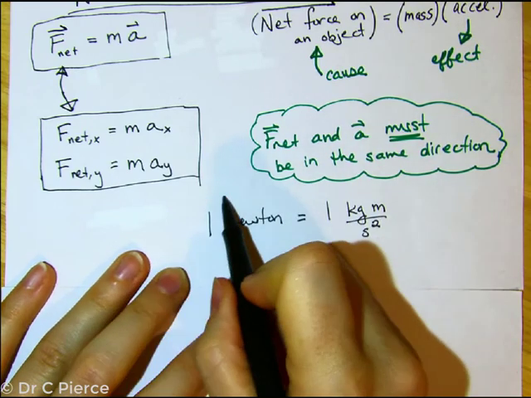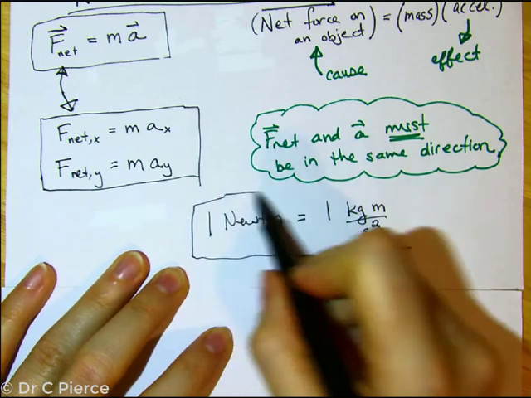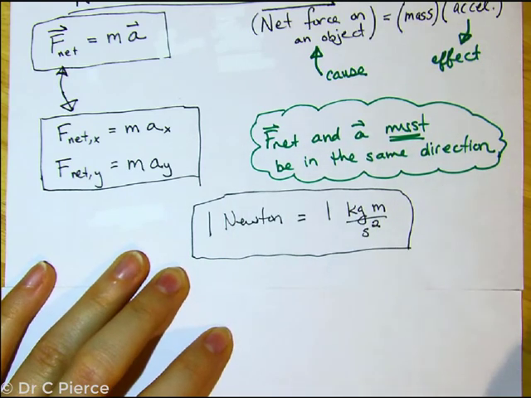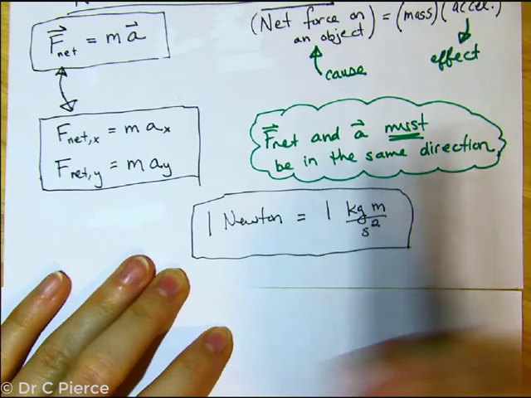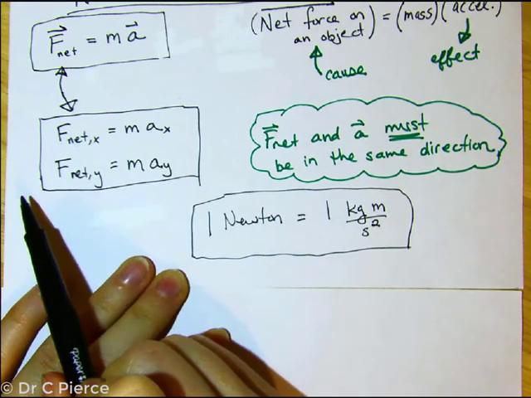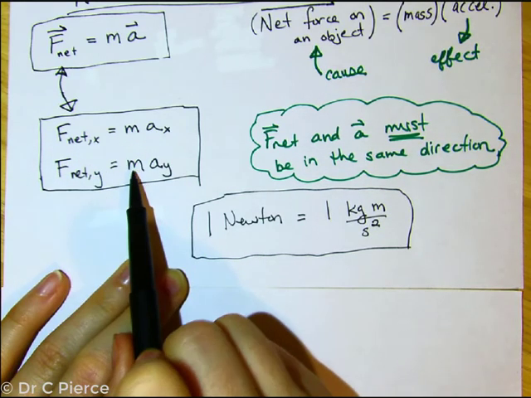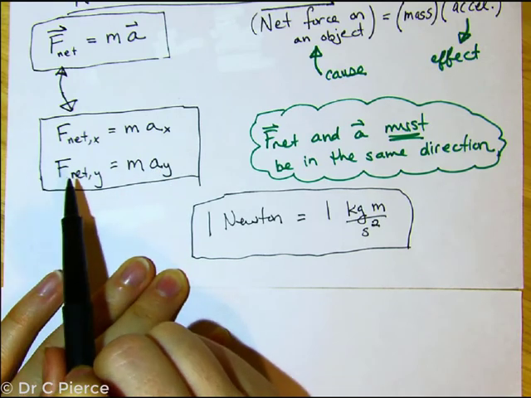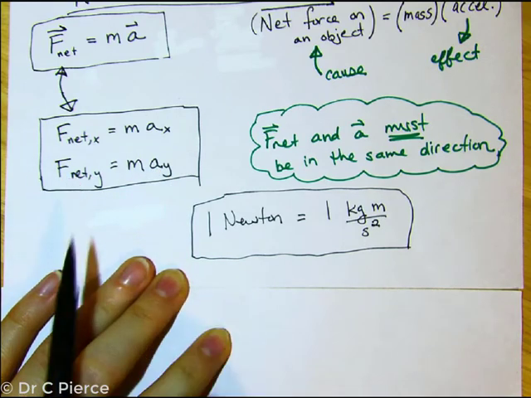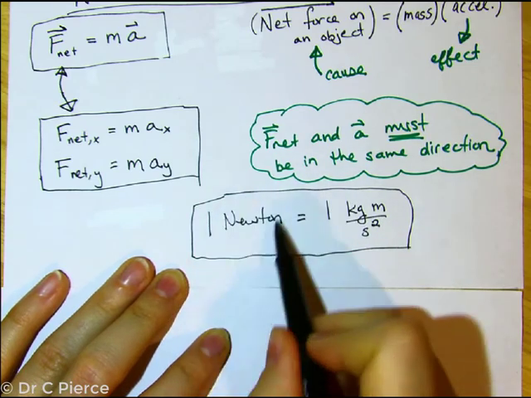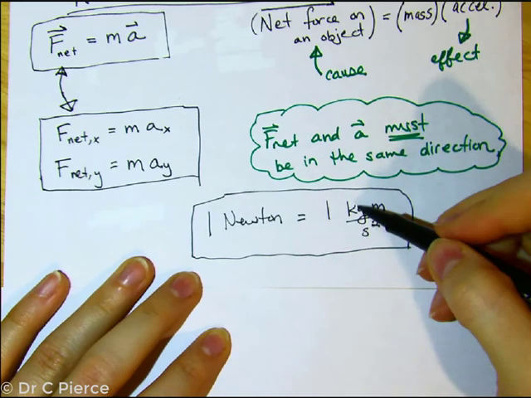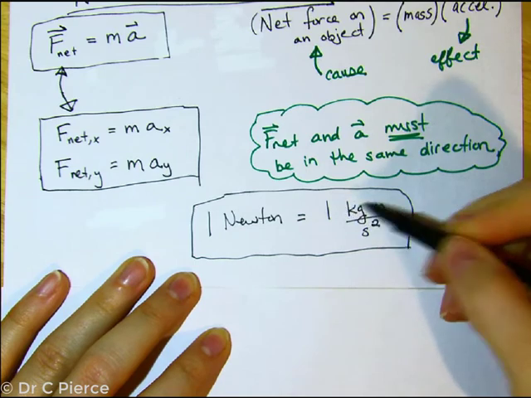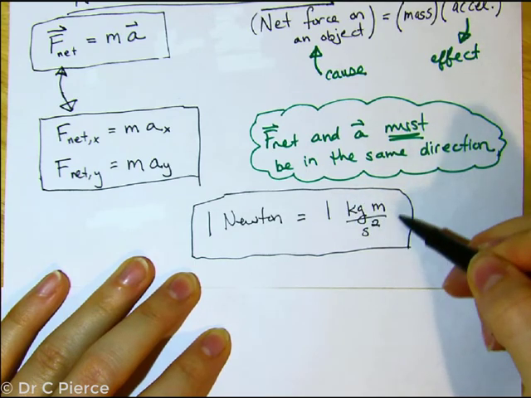And on one hand, you could memorize that, because you should know this for the class, or you can always just remember to come back and look at this equation to figure it out. 1 kilogram times 1 meter per second squared will give you 1 Newton. The units of force are equal to the units of mass times the units of acceleration.